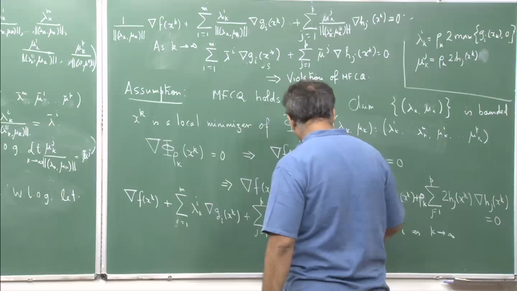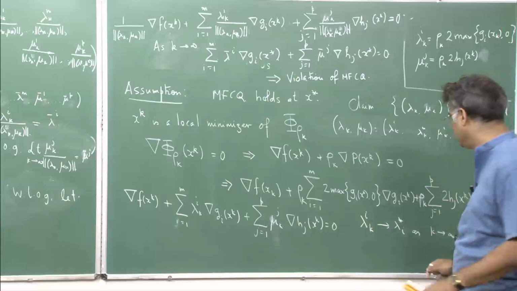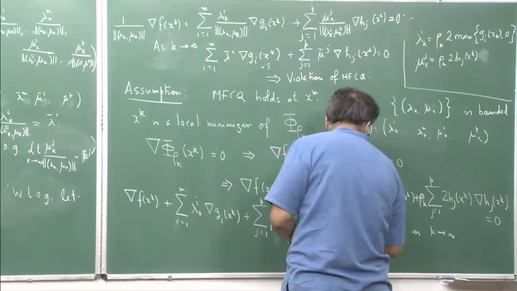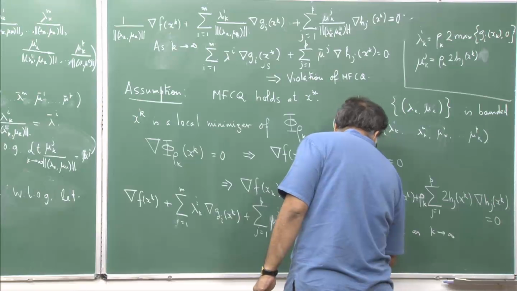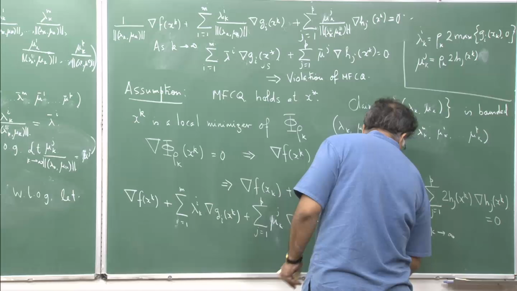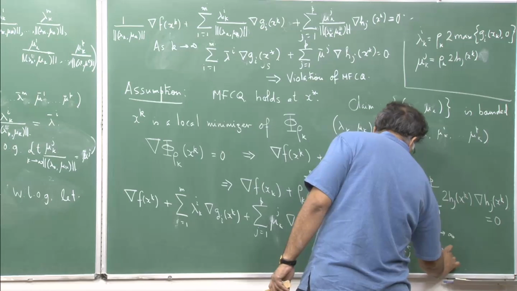Obviously, there is a subsequence which converges, but without loss of generality we will always take a bounded sequence that converges, and mu j k goes to some mu star j as k tends to infinity.